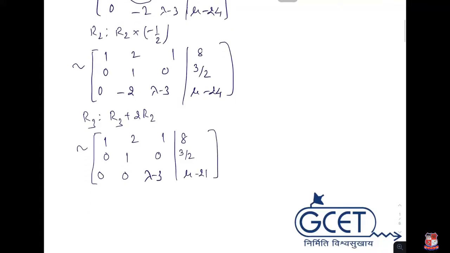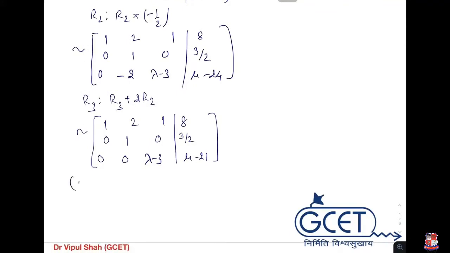So now this is in a row echelon form, so we are in a position to decide for which values of lambda and mu the system has no solution, unique solution. Okay, so if we take say lambda equal to 3, this will become 0, and mu not 21, then this will be non-zero.